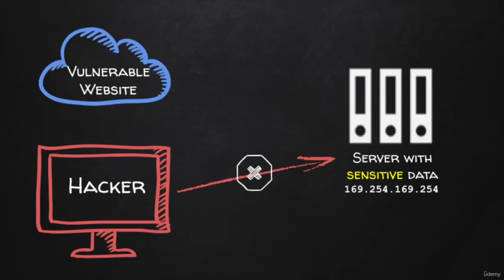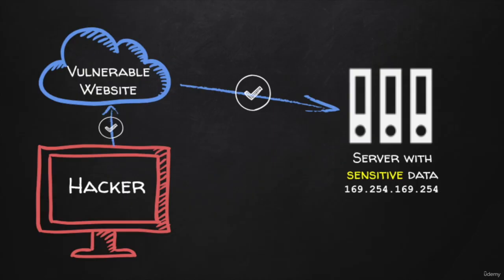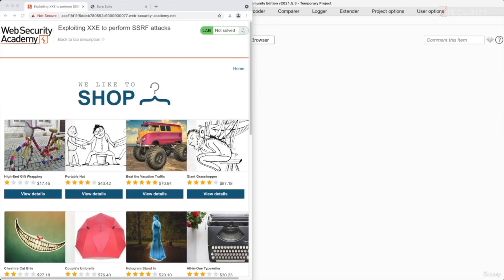So it refuses connections from all of the servers around the world, and it only accepts connections from the web application that is designed to use it. That's why we need to use an XXE to cause the target server that we are manipulating to communicate with it. And perfect, we have the lab here.